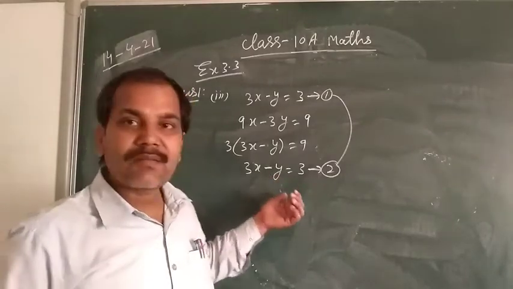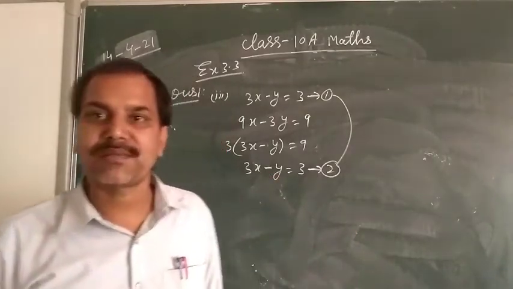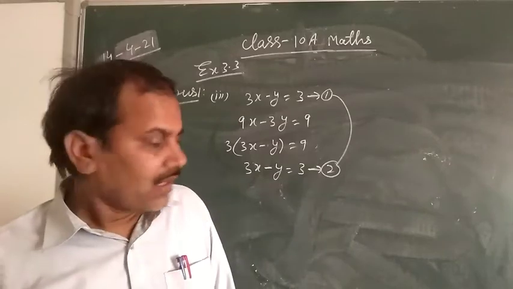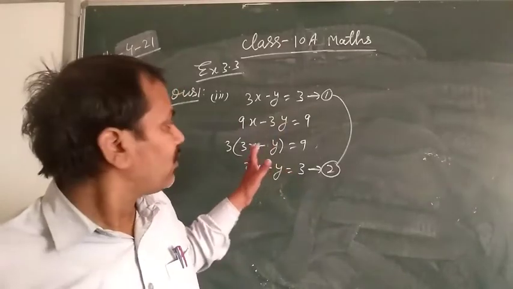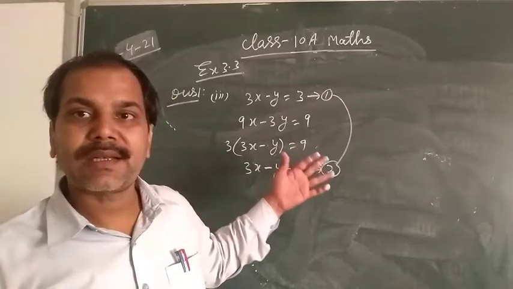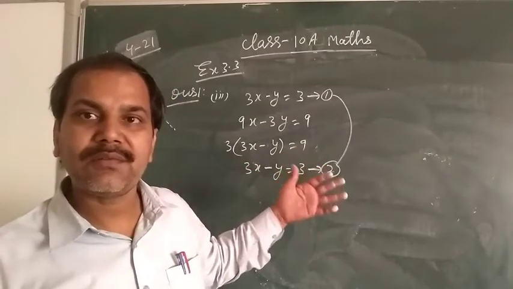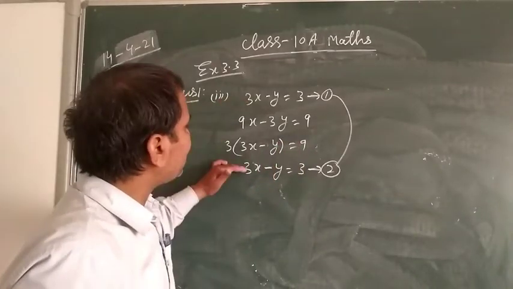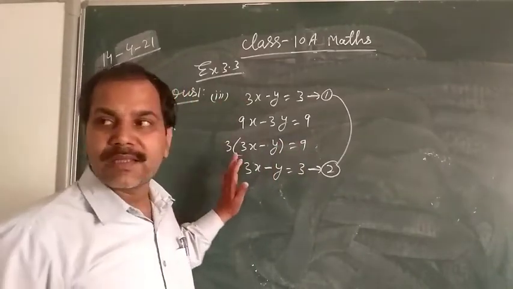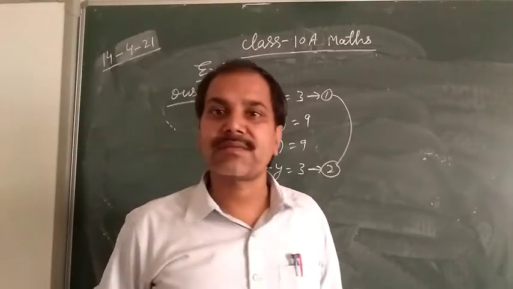Because here x and y have an infinite number of solutions. This is also their condition, which you will understand later. I will tell you that condition later. But now you try to understand: if both equations are the same, then they have an infinite number of solutions.